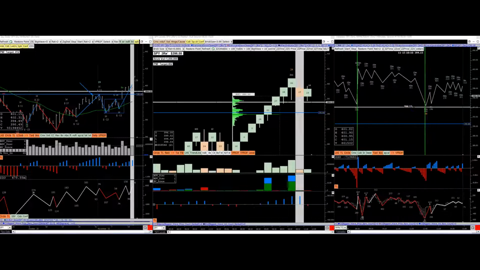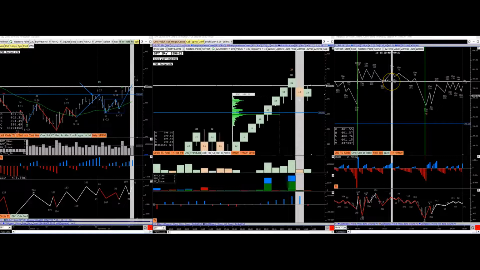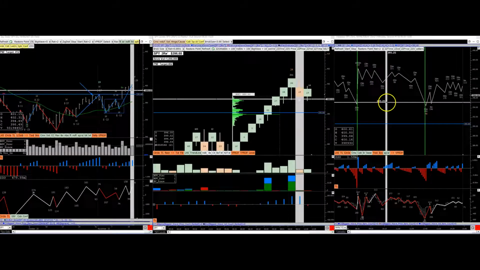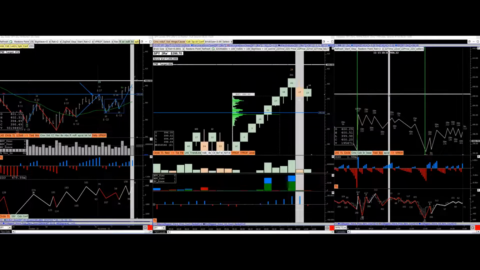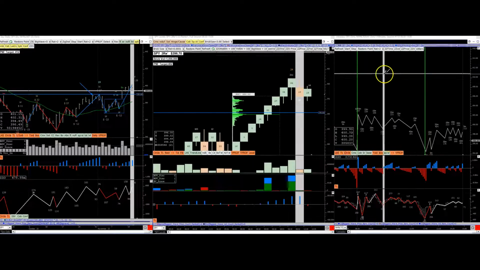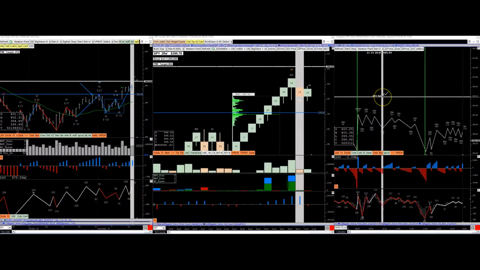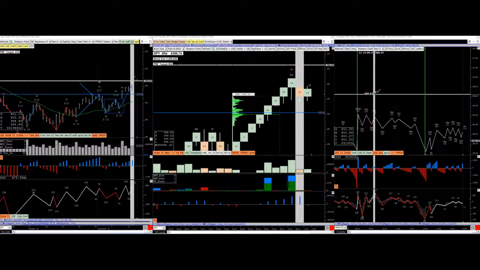All right. Now, does this mean you short here or anything like that? No, obviously not. You're trained to buy pullbacks, right? And one of the things you have to understand is, first of all, a change of behavior. In a downtrend, if you're going to buy the low, get ready for a spring.